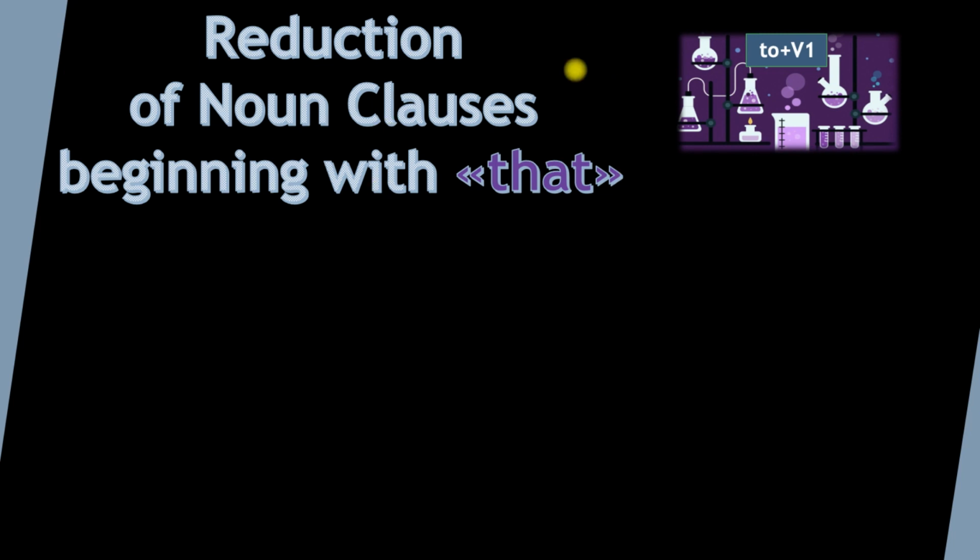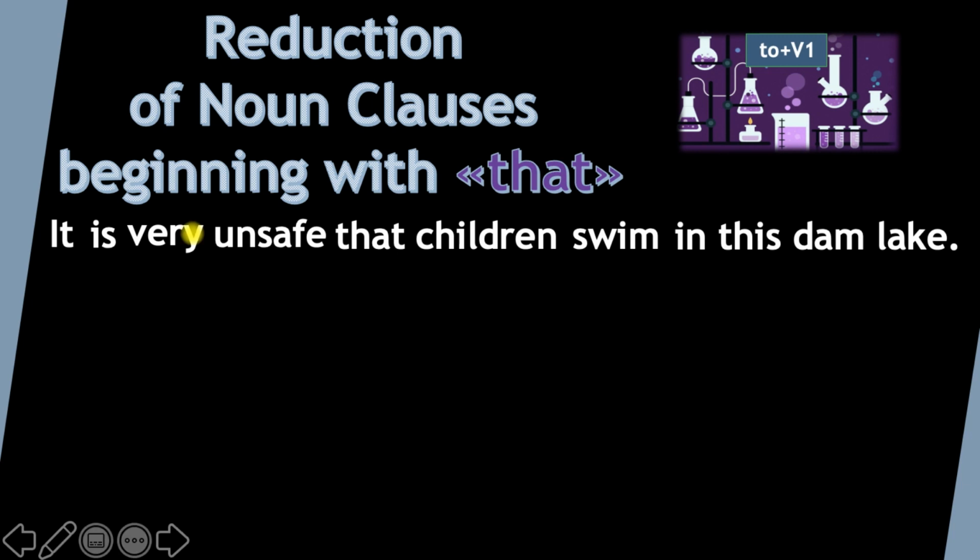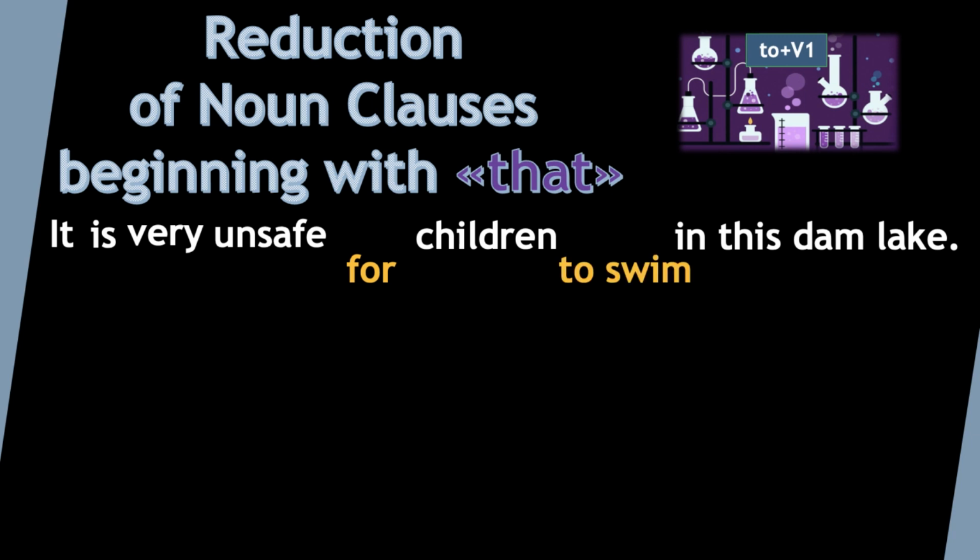Another example for that clauses. It is very unsafe that children swim in this dam lake. How can we reduce this kind of a sentence? We again leave out that here, okay, and add for. It is very unsafe for children to swim in this dam lake. So let's note down the rule here again.